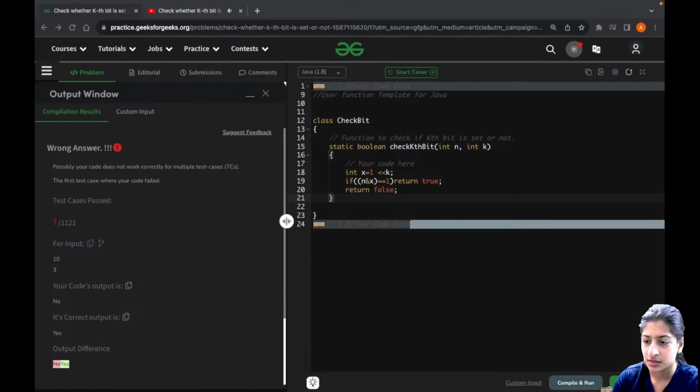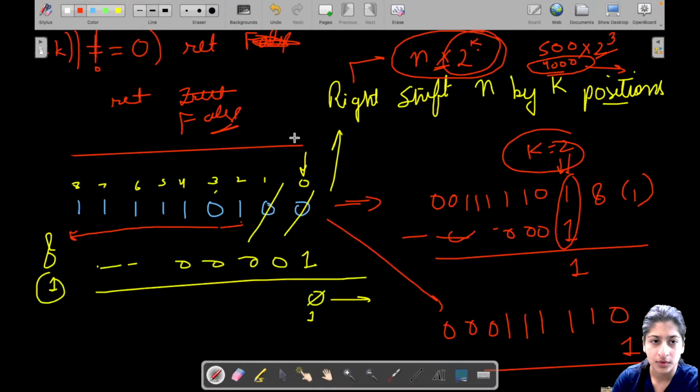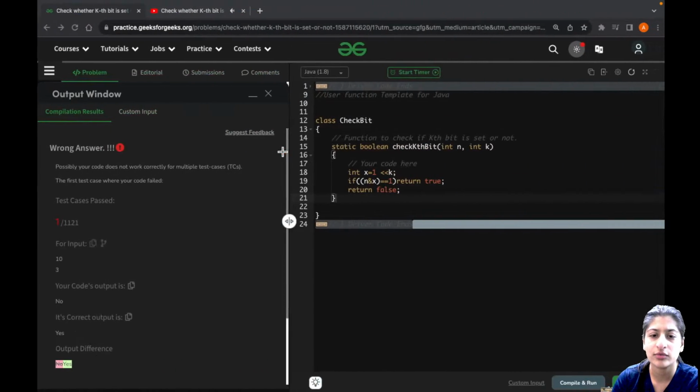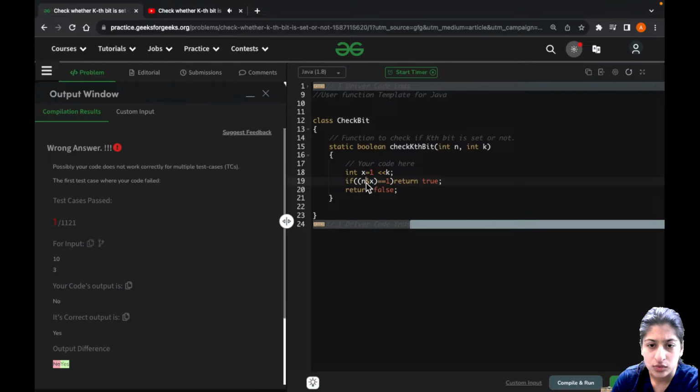Let me check what the issue is. We are left shifting 1 k times, and we are doing bitwise AND. So n AND x, if that is equal to 1, we're returning true. I think I am doing the right thing. What is the issue with it?